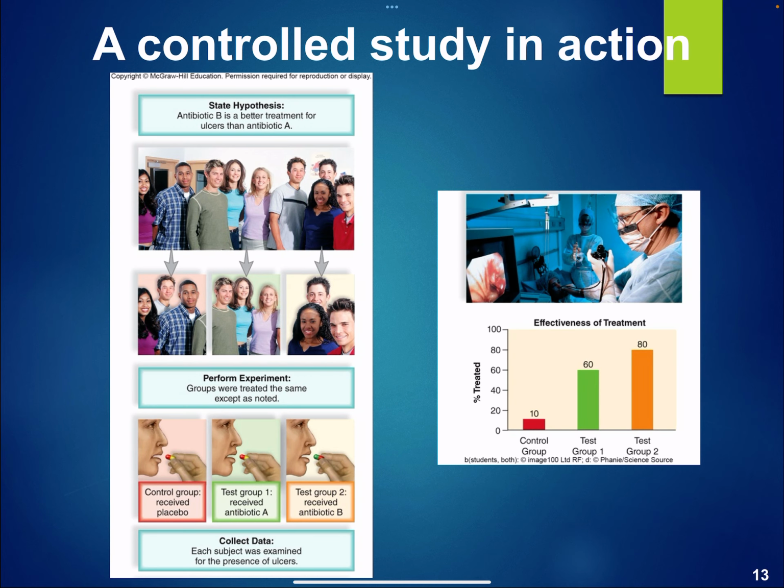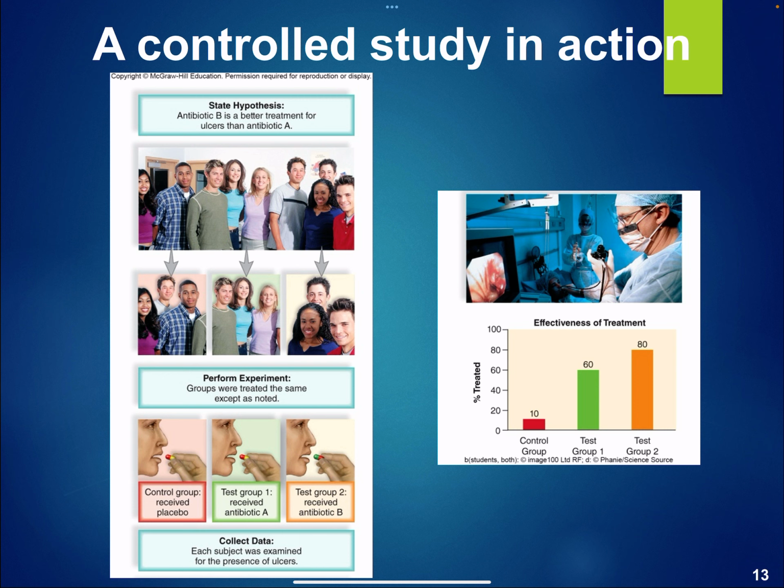So here we have a group of 9 people. These 9 people were further divided into 3 subgroups. The 9 people have stomach ulcer, and we are going to give them a substance, and we are going to see which substance is good at treating the disease or not.